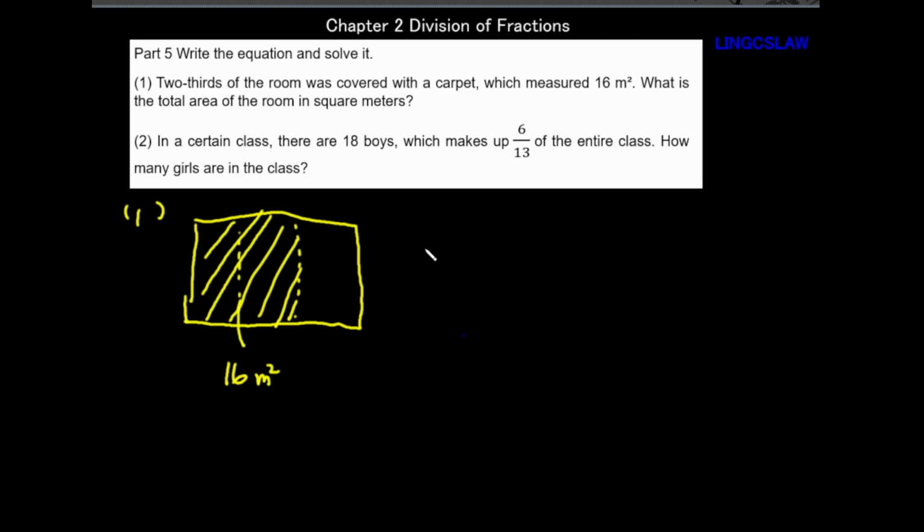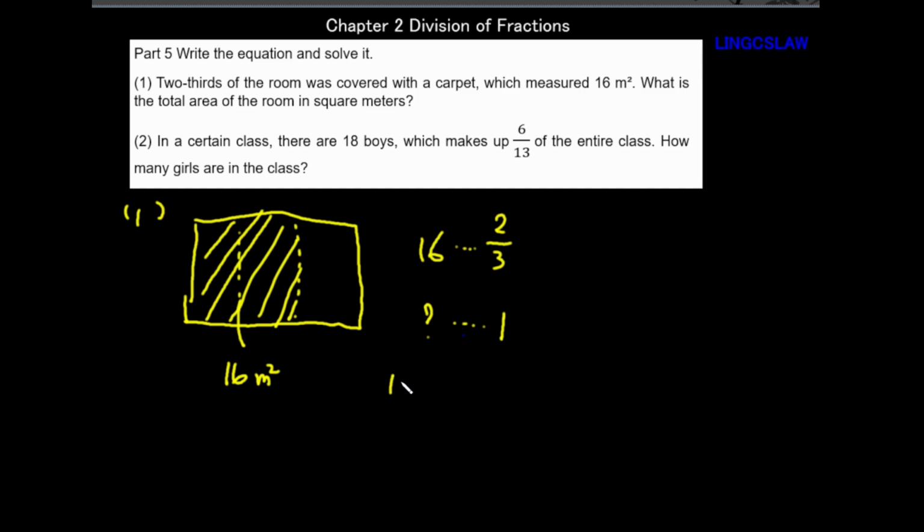So 16 is 2/3. Now how about 1? So in this case you can divide 16 by 2/3.